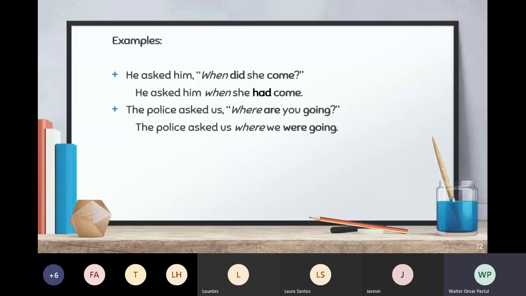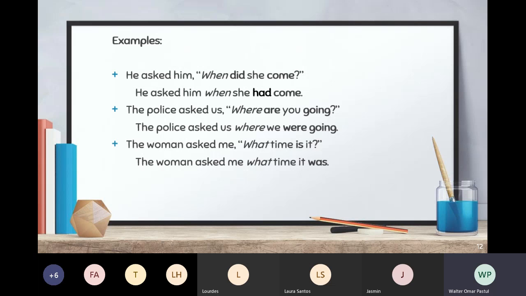The police asked us, where are you going? The police asked us where we were going. So be careful with these sentences. I have checked some of the work in the Google Classroom, and some of you have had problems in this part. So let's be careful on this.